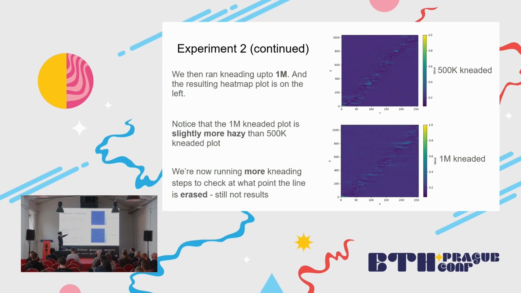I'm not sure whether you can observe this, but as you run more kneading, the graph becomes more hazy. We don't know whether more kneading would erase the line. We still haven't observed it, but it's still running. These results are very recent, honestly, maybe a week or two weeks back.